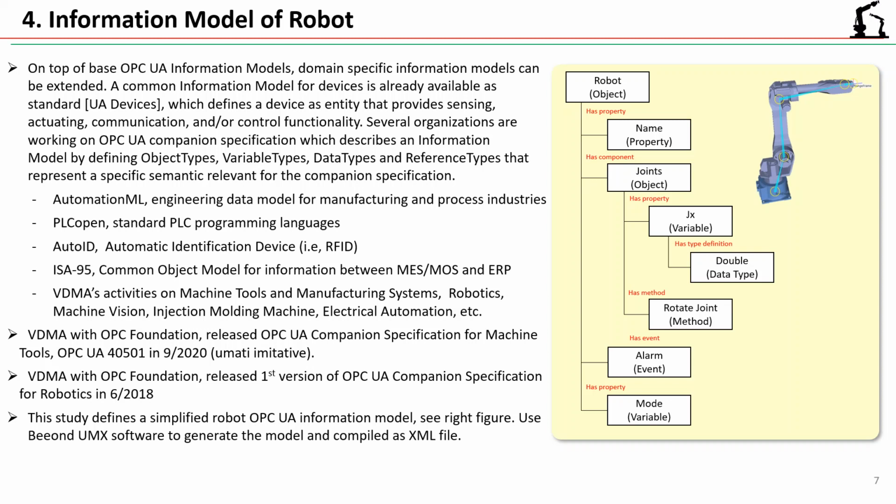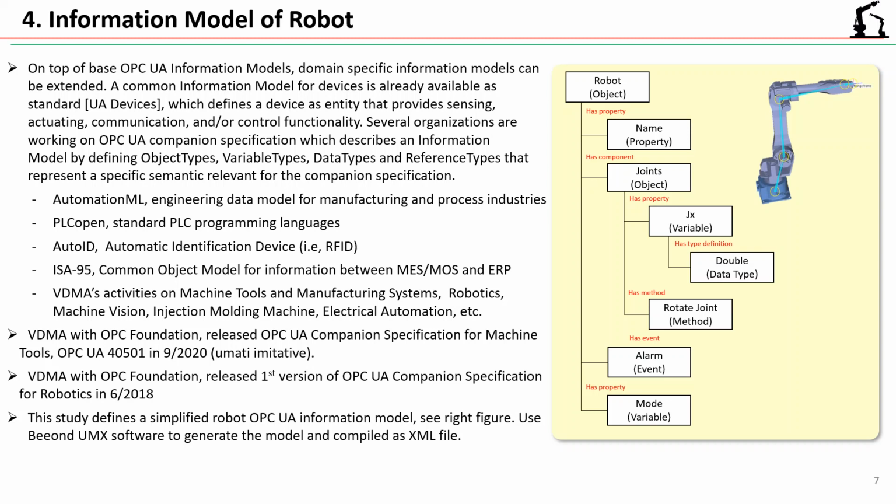Many organizations have been working on domain-specific OPC UA companion specifications, such as AutomationML, PLCopen, AutoID, and ISA-95. VDMA, the most famous European machine tool industry association, works with the OPC Foundation and has released OPC UA companion specifications for machine tools, as well as robotics.